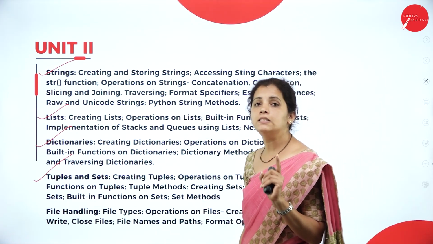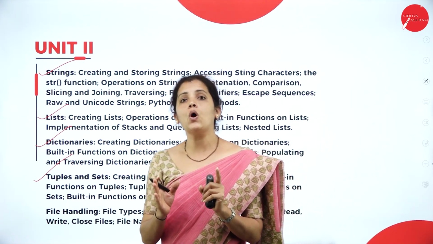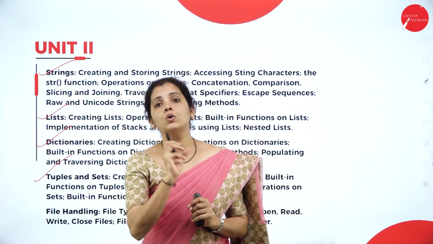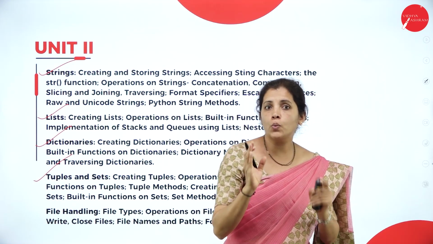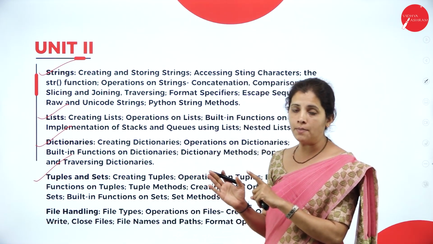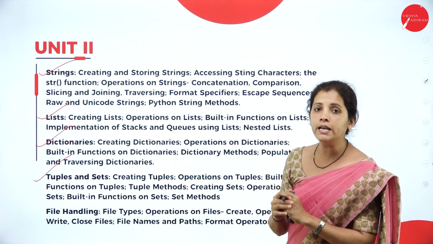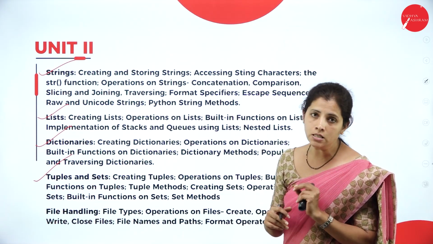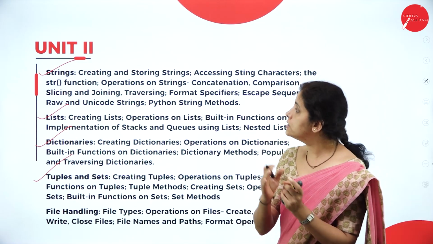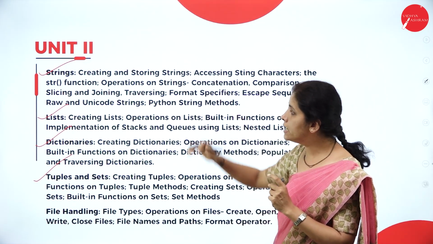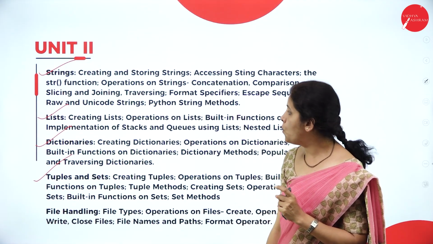A string is nothing but a collection of characters or a group of characters. And in Python, we have the string concept. In that, we are going to study how to create a string, how to manage a string, all the things we are going to study under chapter 1.